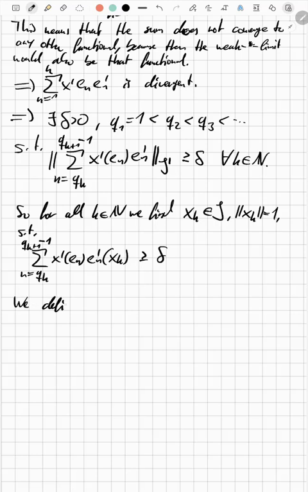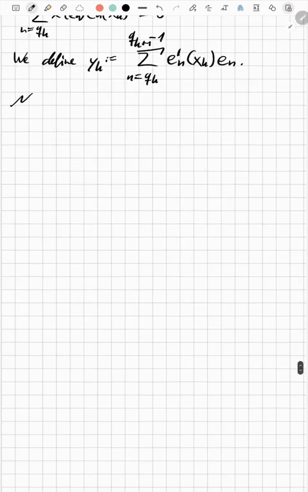Now we define yk to be the sum n starts at qk and goes up to qk plus 1 minus 1 of en dash of xk times en. And these yks are a block basic sequence.